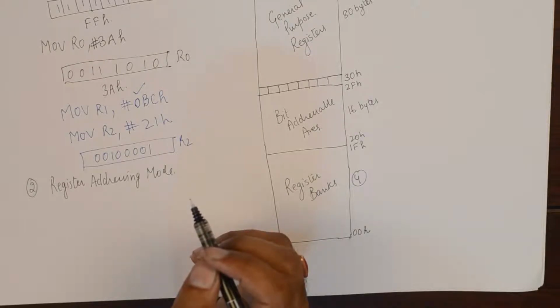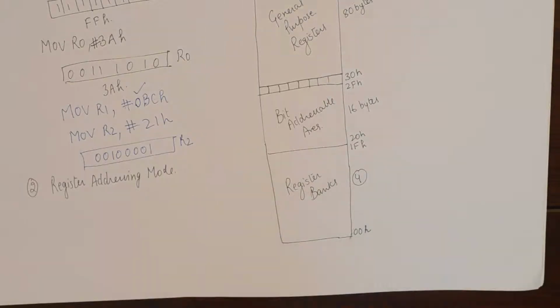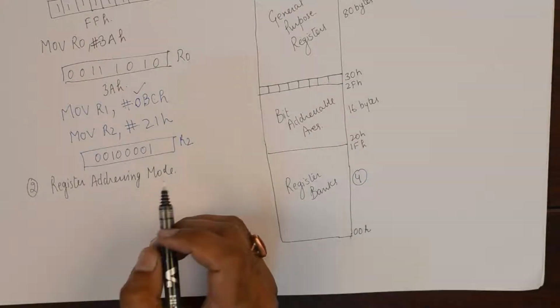Register addressing mode copies the contents of one register into the other register, and it includes the involvement of A in the registers.